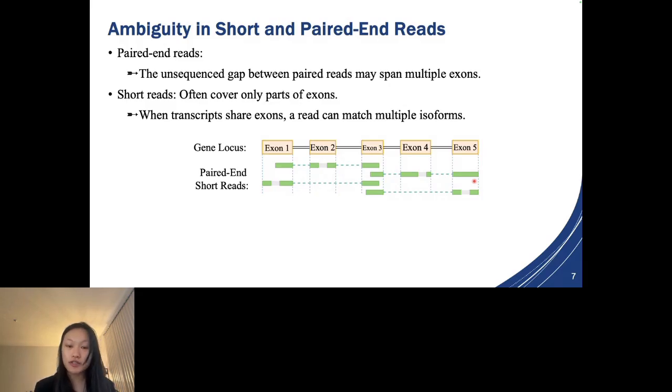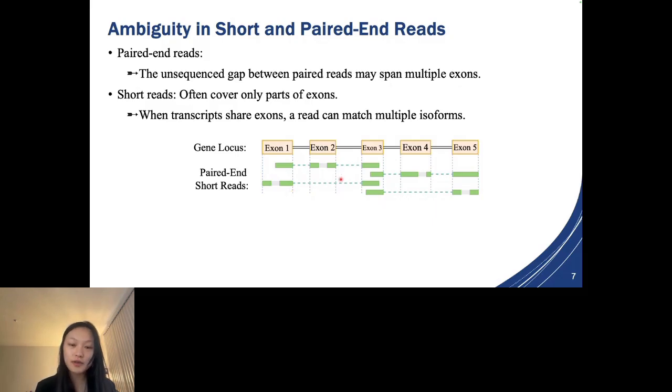Secondly, the reads are short. They often cover only a small portion of an exon, like here, or might just span a single splice junction. Or if multiple transcripts share the same exon, a single short read could potentially match several different transcript isoforms.